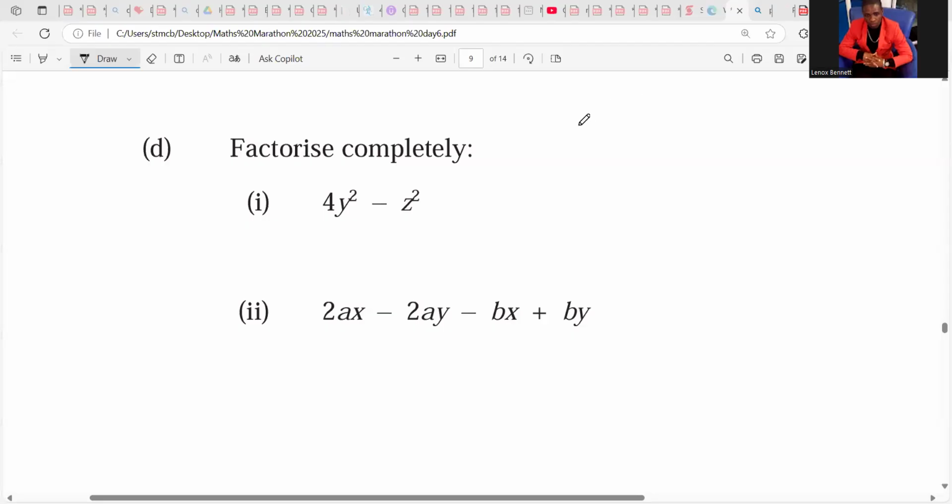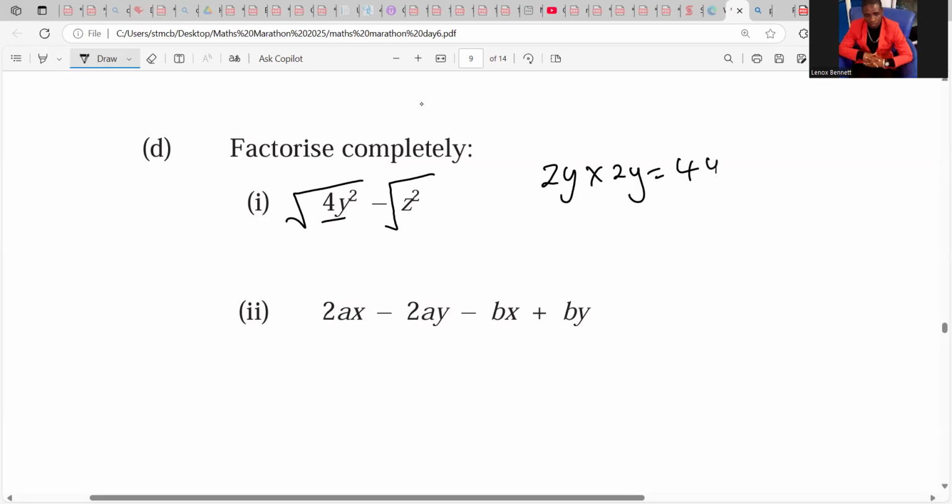Very good. All right, so it's factorized completely. The first one, 4y squared minus z squared. Now, this is what we call a difference of two squares, right? So what we can do is find the square root of each. What number do we multiply by itself to give us 4y squared? That would be 2y times 2y.